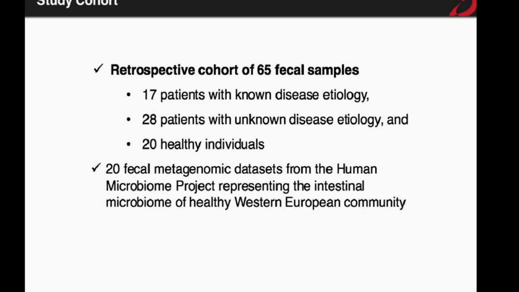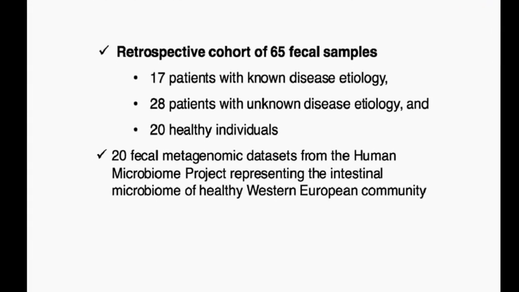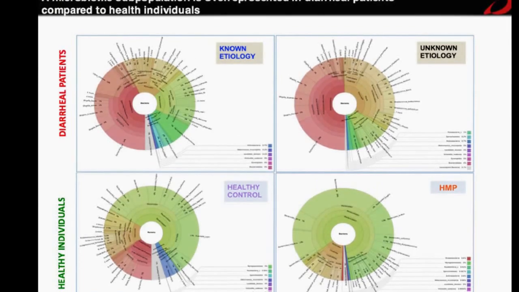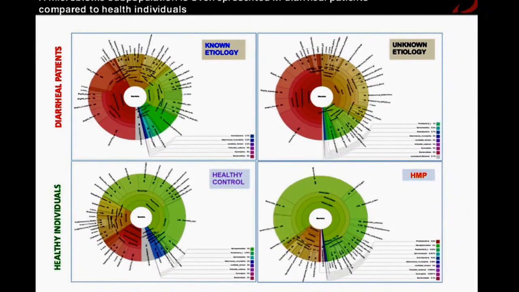This was very interesting because the results showed that, as you can see, the healthy control on the bottom left is the Indian population, and the healthy control, the NIH data set, is the bottom right. And then at the top, the known etiology at the left is where the Calcutta lab could identify the agents, but on the top right, they could not identify. And it turns out that a couple of things I think are worth pointing out.